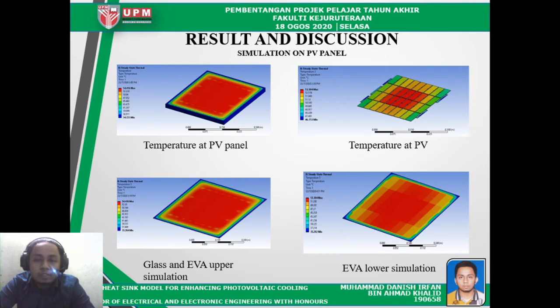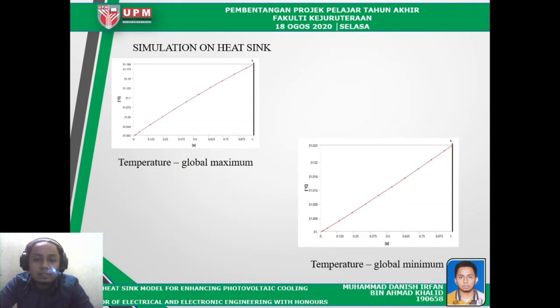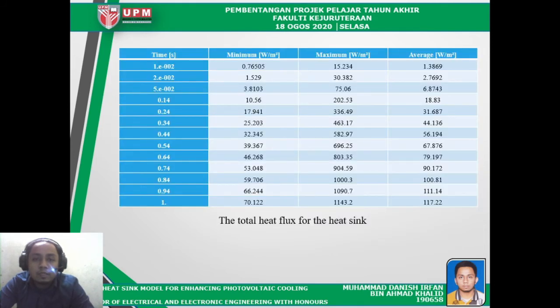This is the temperature global maximum and the temperature global minimum for the graph. So for the heatsink, this is the heat flux. As you can see, the heat flux is heat flow, the heat that can flow at a specific time and per unit area.